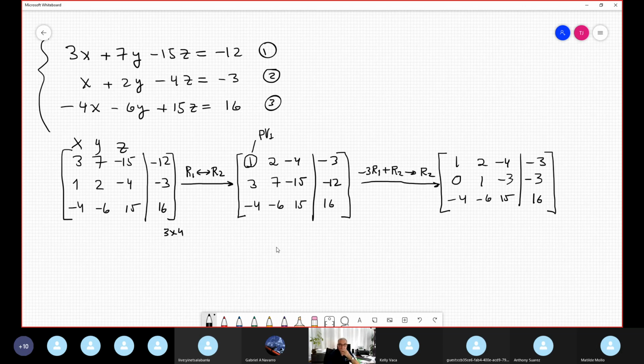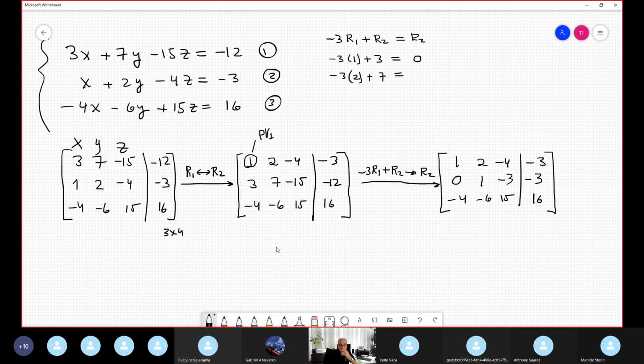Complicated, right? Let me try. Minus 3 times R1 plus R2 stored in R2. Who is R1? Is 1, is 3, is obviously 0. Who is now R1? Is 2.